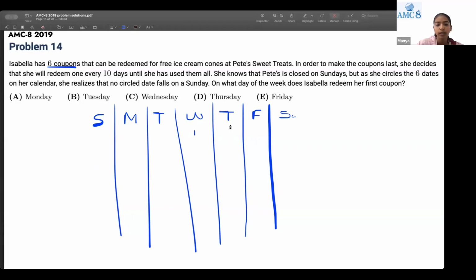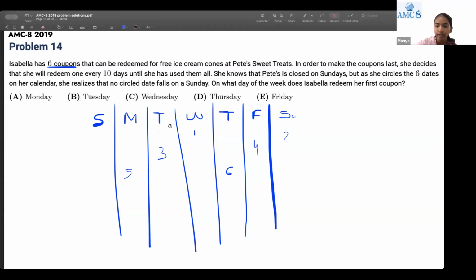Counting 1 through 10 again for each coupon, we can stop at 6 since she only has 6 coupons.